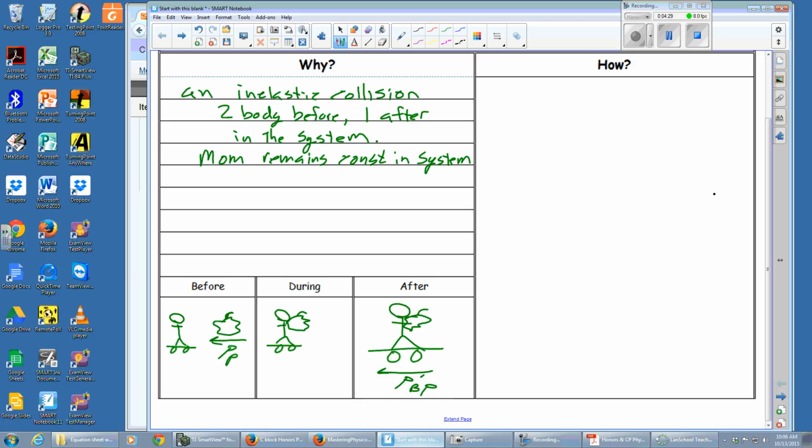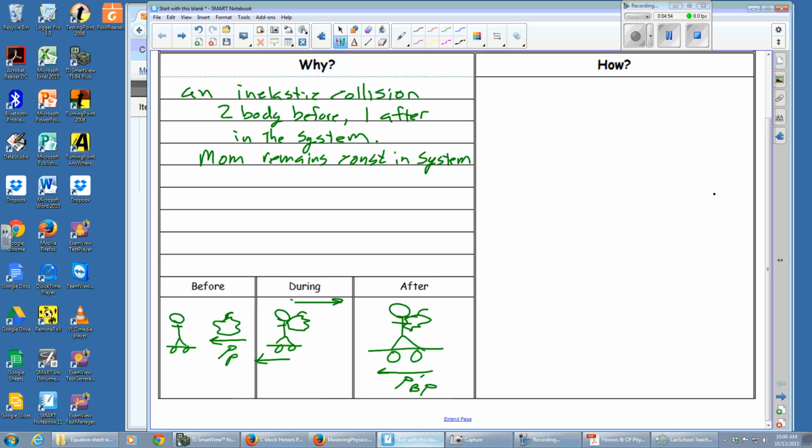So that means while she catches it, there's going to be 2 impulses, right? What do we know about those 2 impulses? Yep. Oh, actually, I could label them J, couldn't I?